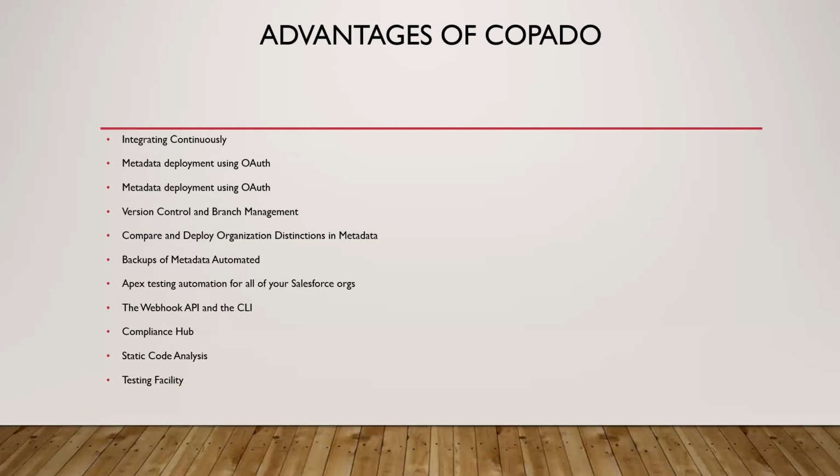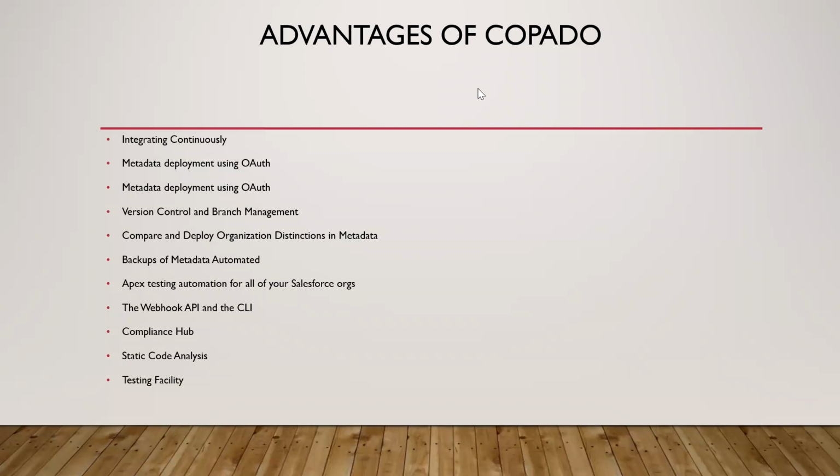Like my company basically uses three or four, okay, means multiple environments: dev, QA, UAT, and staging. Then the last environment is production, right?